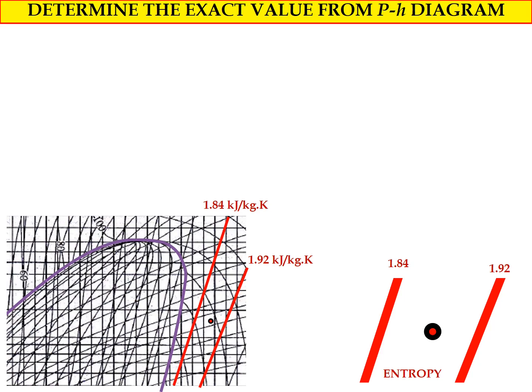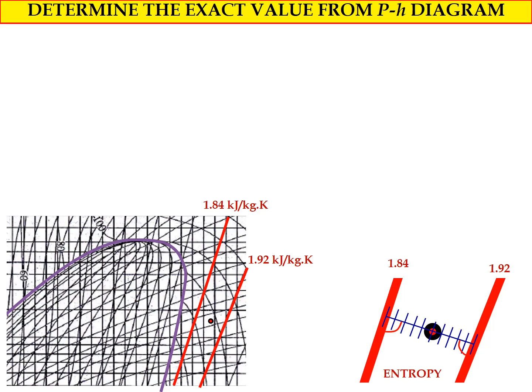So you need to draw your own scale in order to determine the exact value of the point in terms of entropy value. So draw the major scale line between these two lines. Make sure that the angle at the end of the major line of your scale must be as similar as possible, as shown in the diagram.